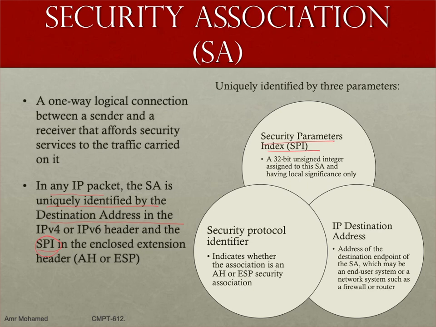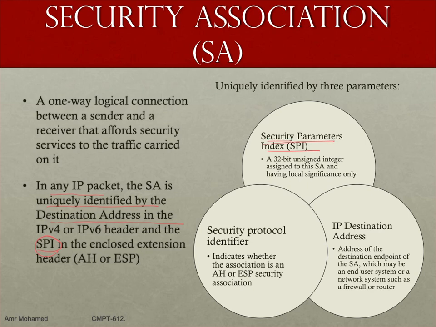The security parameter index is in fact the primary key for the security association database, which points to which security association will be used for that particular traffic. Okay? So the security parameter index is the primary key that points to a particular security association in the security association database. Assuming there is one; if there is no security association, this means that I need to perform user authentication through IKE, as we will see later.